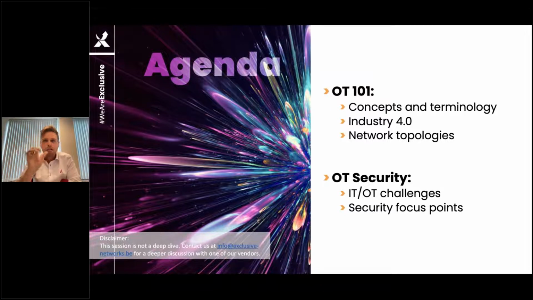For today, we will focus on the basics concerning OT. What is it? What is the difference with IT? The convergence with IT and Industry 4.0, some topologies, and then we will touch upon the security aspect of operational technology. What are the challenges and how can we securely manage these types of networks?